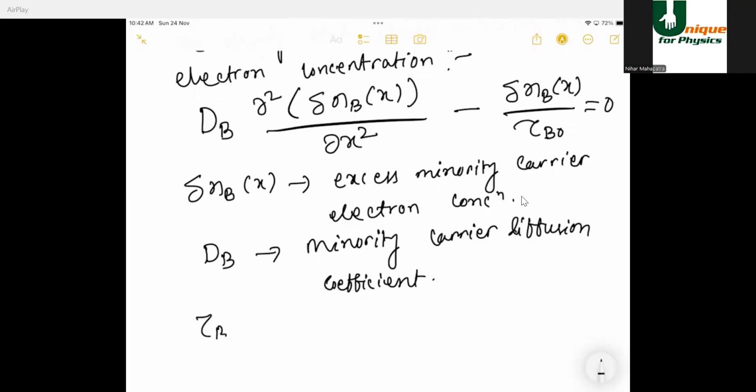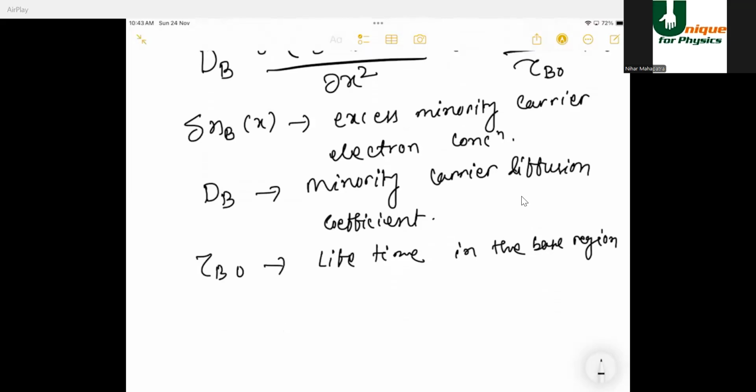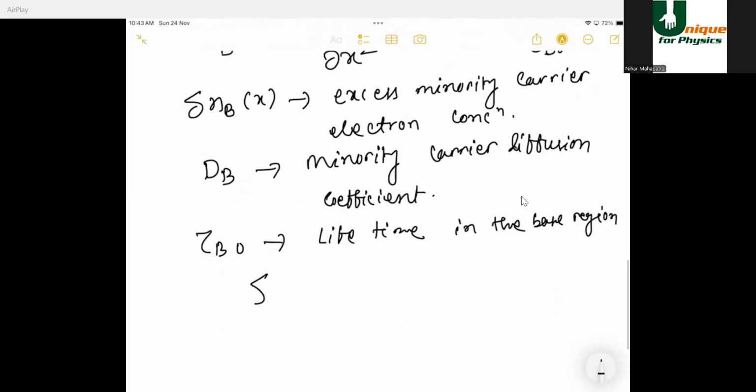Then tau B0 is the lifetime of this minority carrier electron concentration in the base region. Okay, lifetime in the base region, or how long they will exist, okay, before disintegrating from NBx to 0, right, at x is equal to 0 to x is equal to xb, okay, the scale that we have taken, the neutral width.